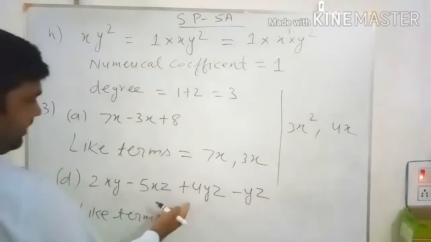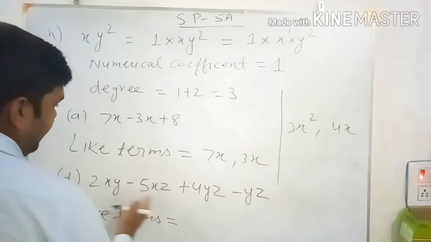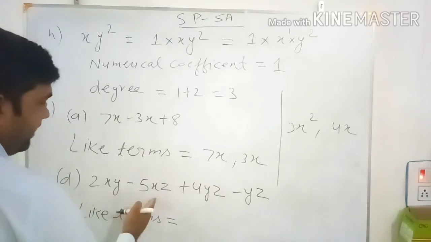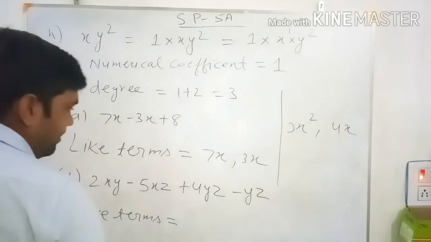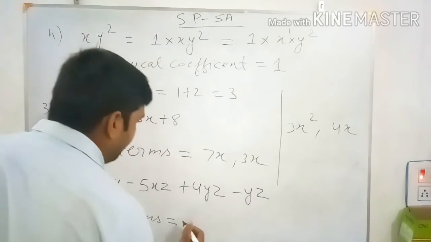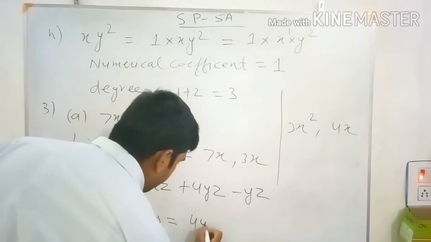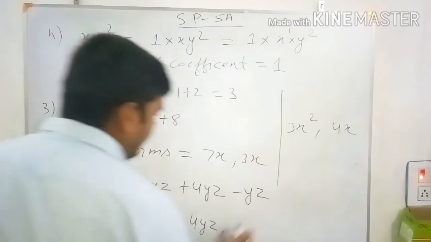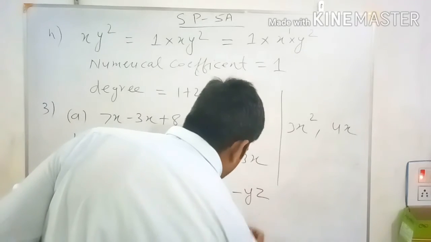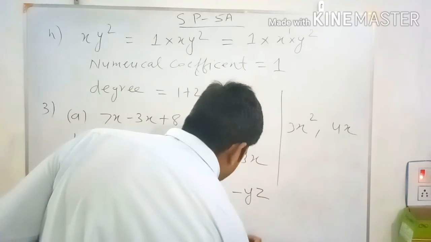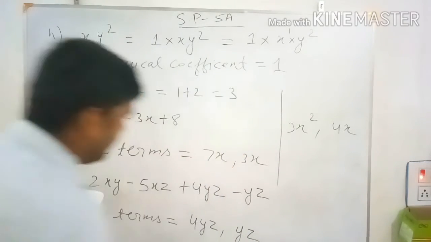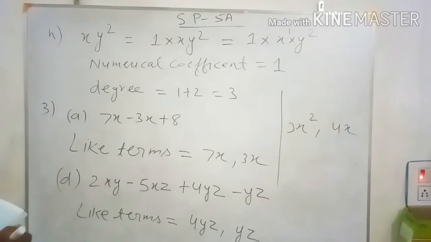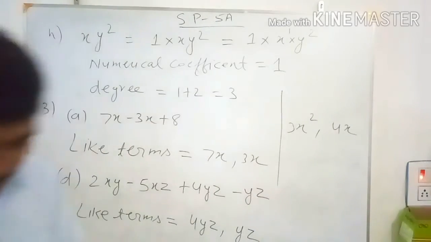Here it is xy, here it is xz. These two are unlike terms. The yz terms are like terms. So here the like terms are 4yz and this yz. So this 4yz and this yz are like terms.